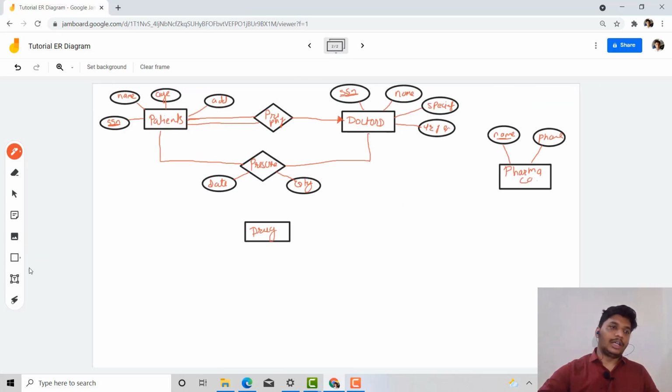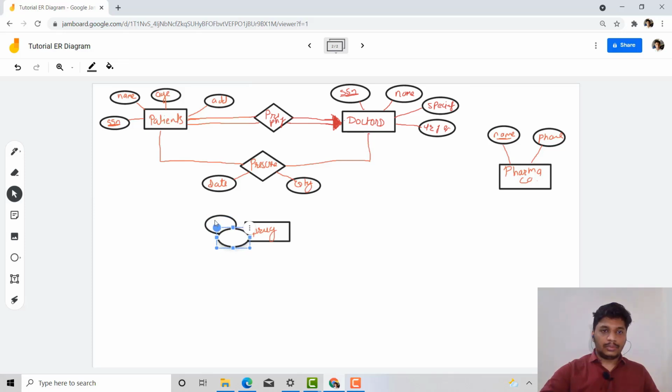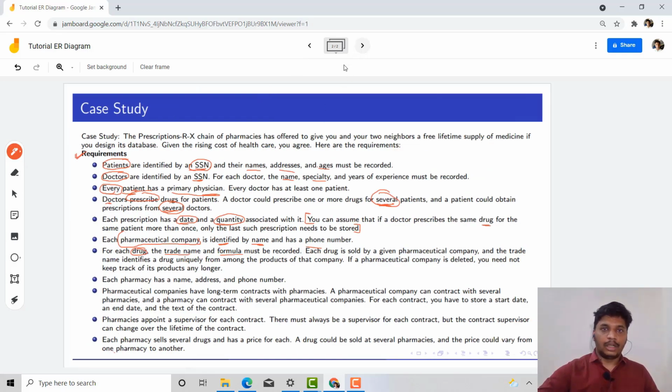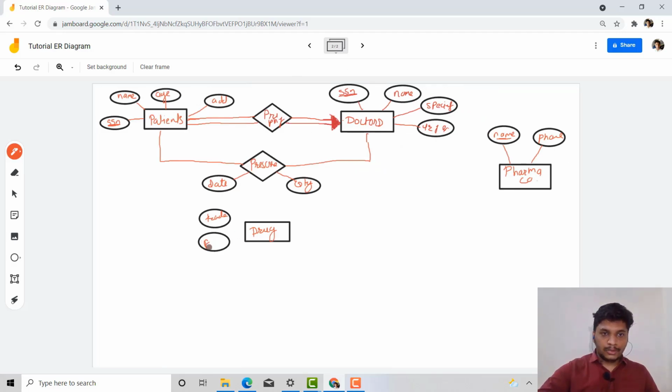Trade name and formula. So we need to draw two ellipses here, right? So one is trade name and the other one is formula.